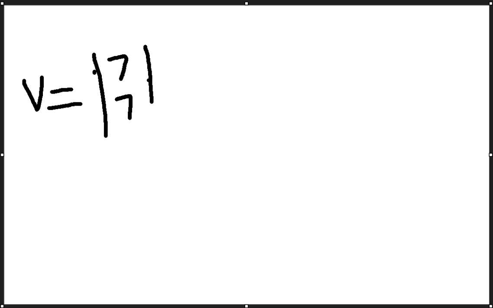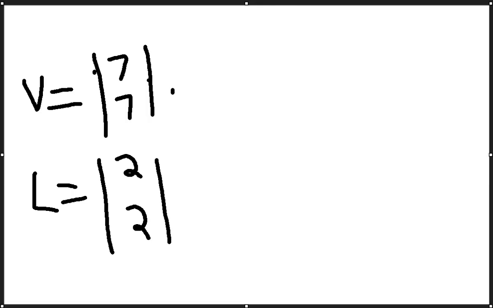So let's say that we have a vector V, which is equal to, let's say, 7, 7. Another vector L, which is equal to, let's say, 2, 2.